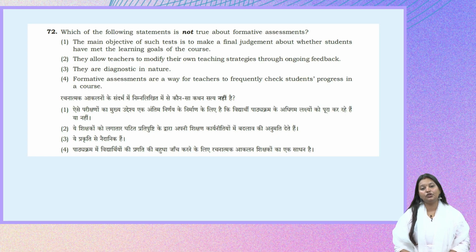What is the intention of doing a formative assessment? It is basically to get feedback on our teaching and also to check on students' progress. The other one is summative assessment, which is usually done at the end of a unit or a year. We are doing this summative assessment in order to provide a judgment, an assessment value to what the child has learned till now. So when we are discussing this particular question, keep these things in mind.